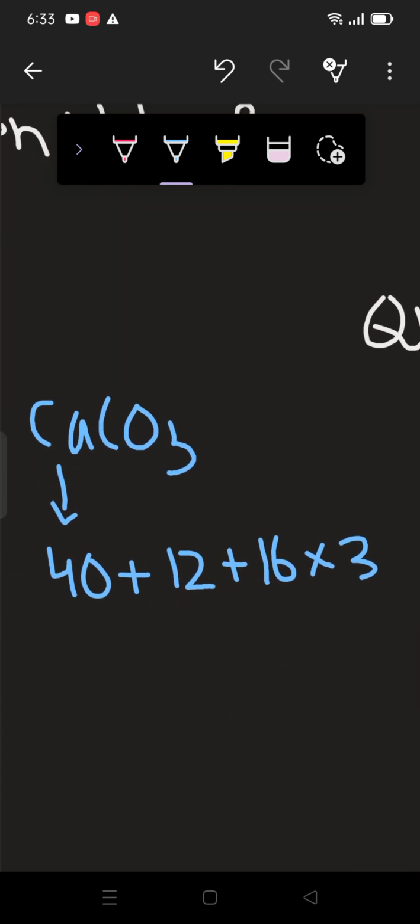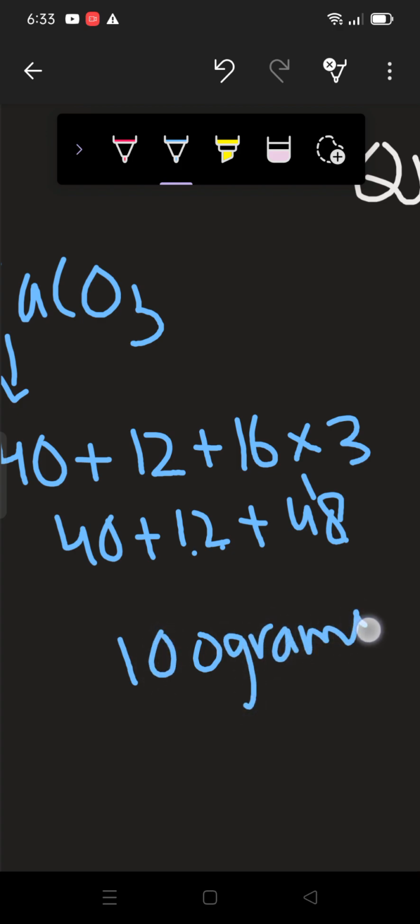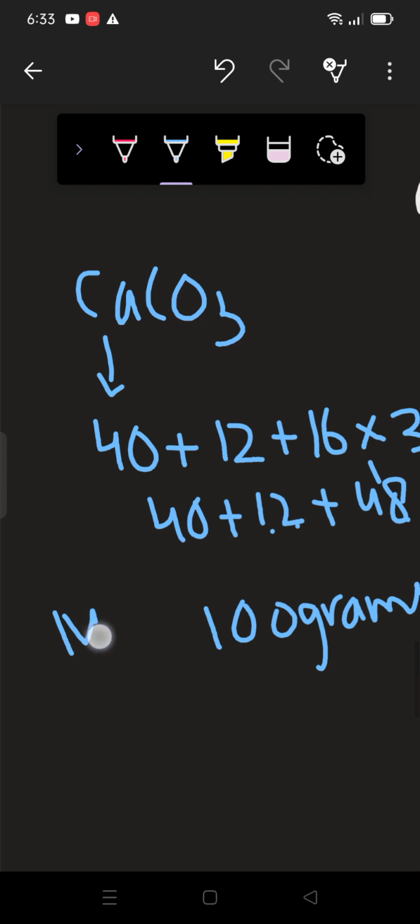So 40 plus 12 is 52 and 16 into 3 is 48. When we add these, 52 plus 48 is 100. So 100 gram is basically the molar mass of calcium carbonate, right?